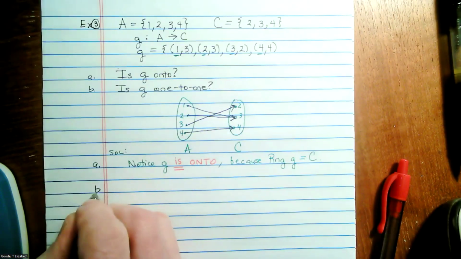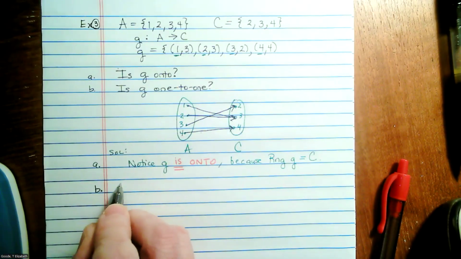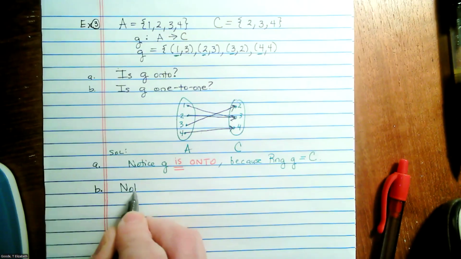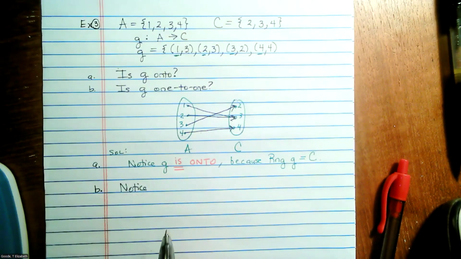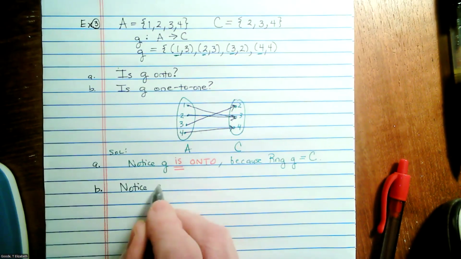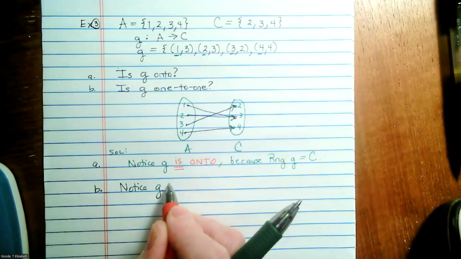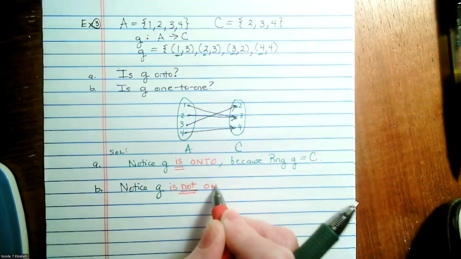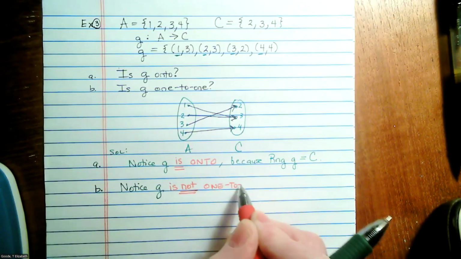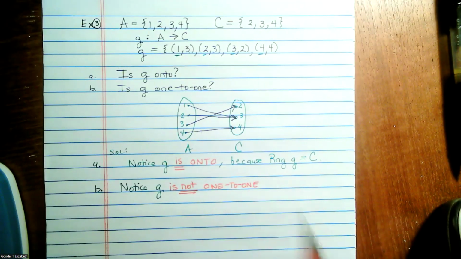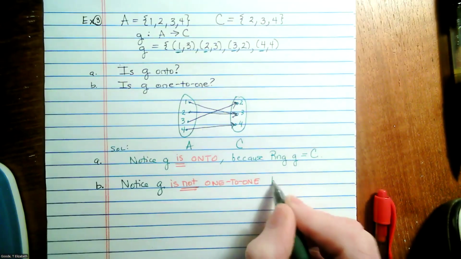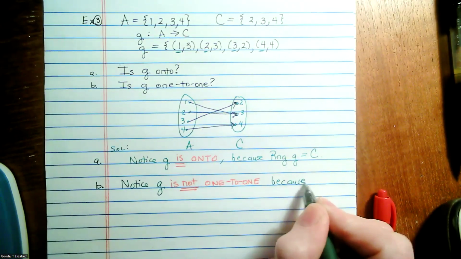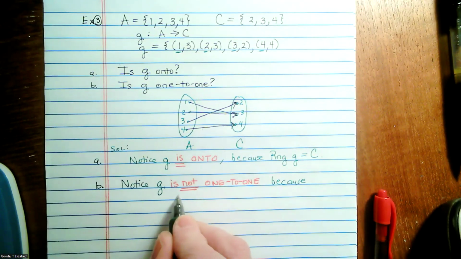Is G one-to-one? No. That's right, G is not one-to-one. And that's because something got hit by more than one arrow, right?